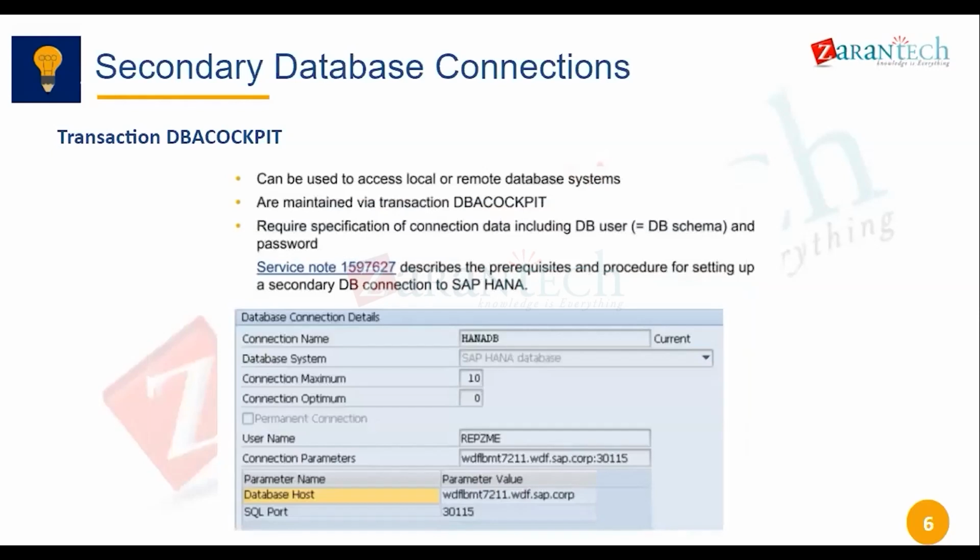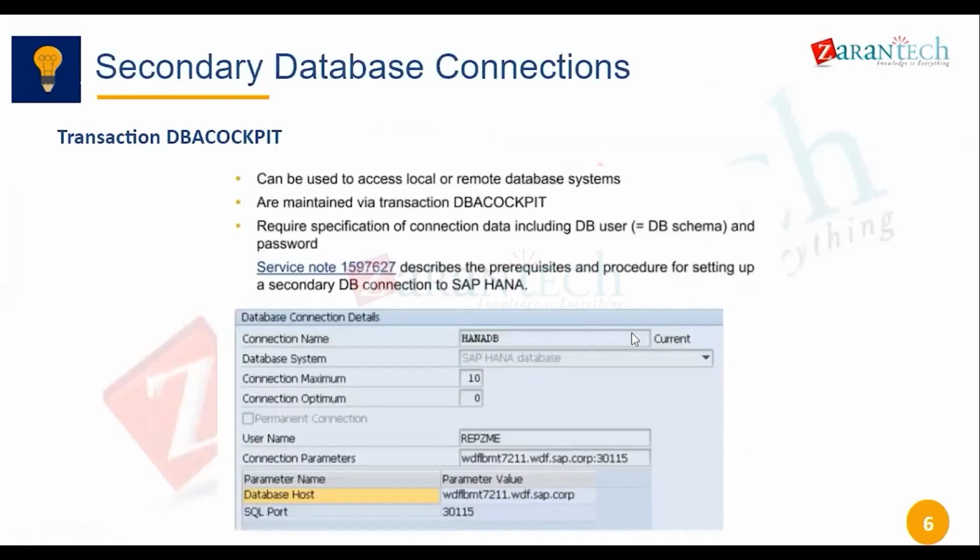This can be used to access local or remote database systems, and all these settings are done inside the T code DBA cockpit. It is simply a normal connection type, where we give the host name and the port and everything.